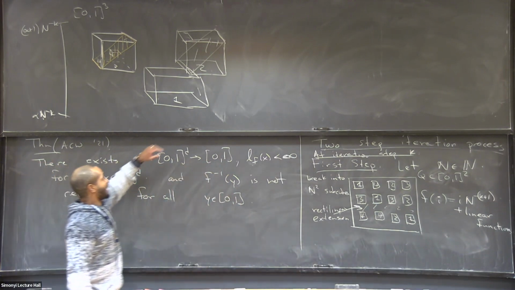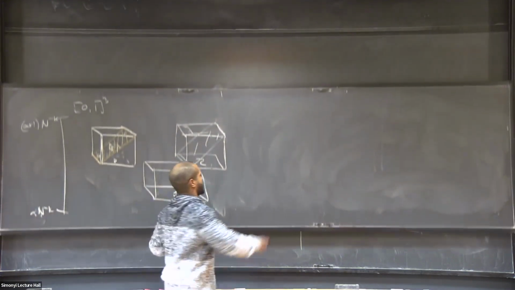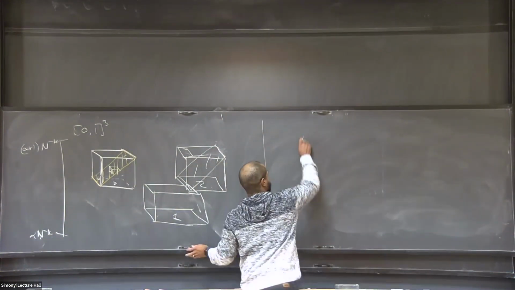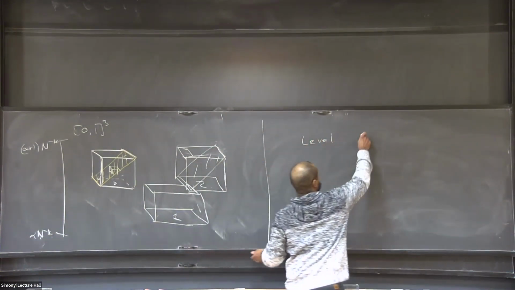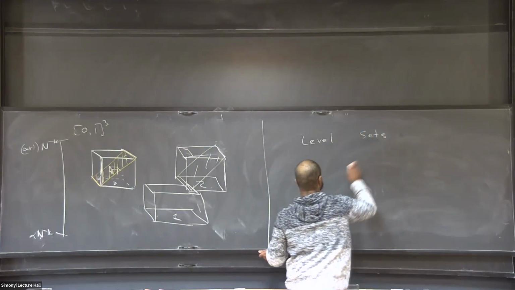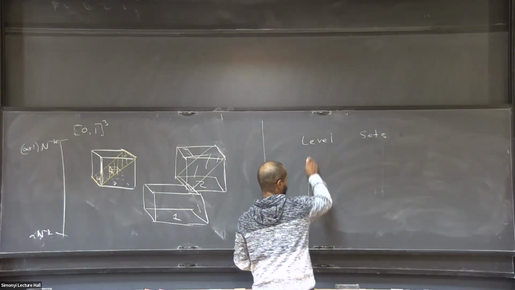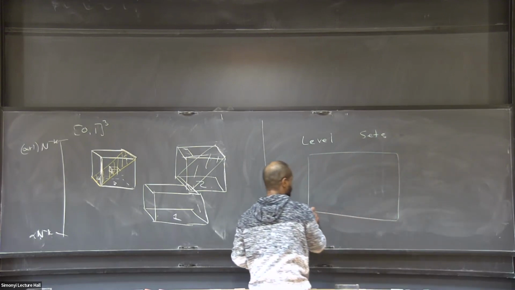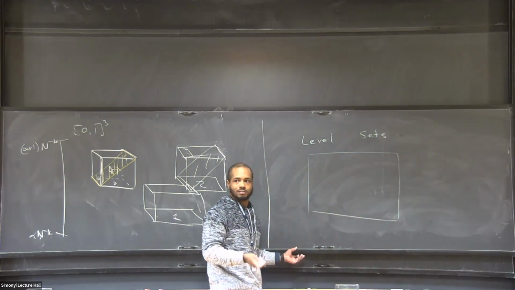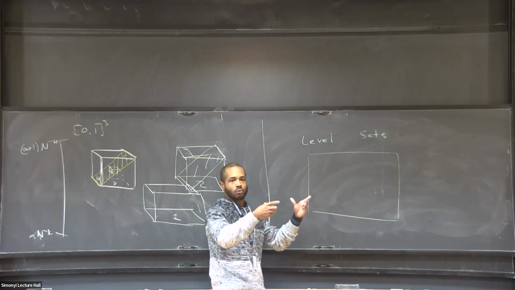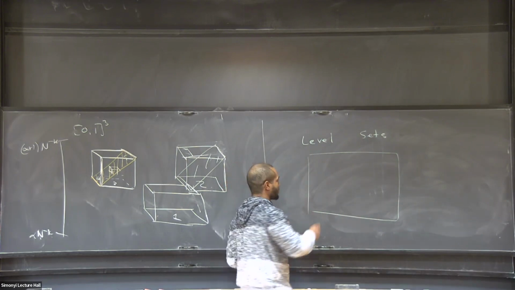Of course, after the level sets, right? You're gonna have maybe, and I'll write it in maybe the nicest possible case, when you actually have maybe a 4-corner Cantor set, let's say, at some level sets.